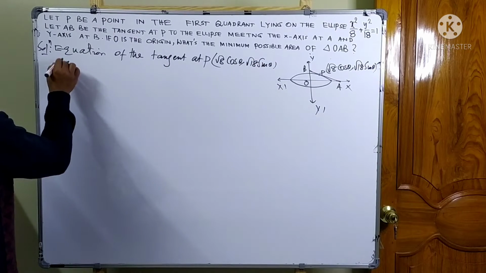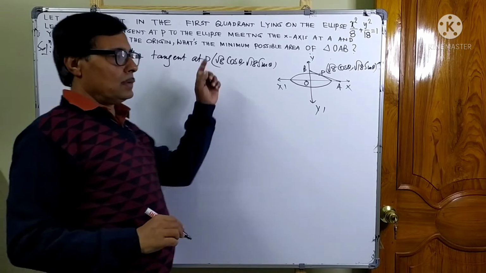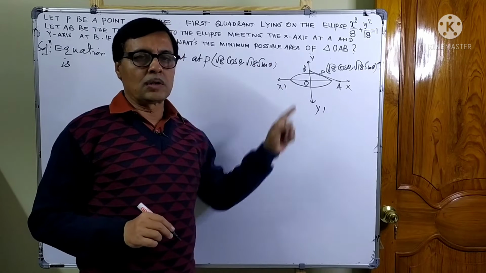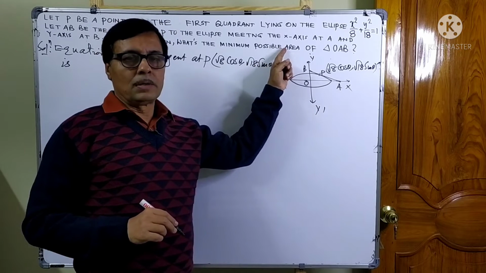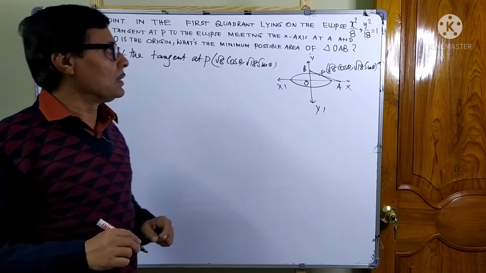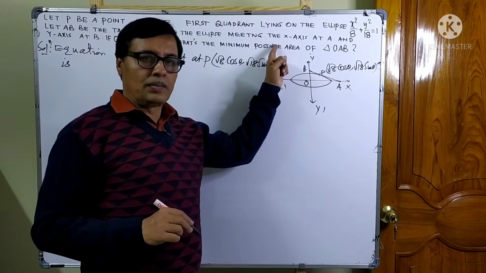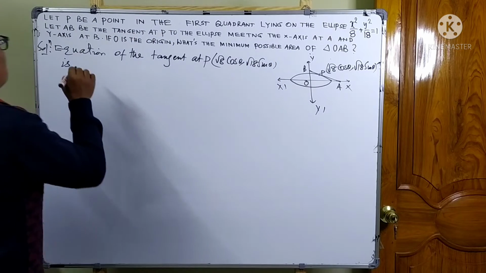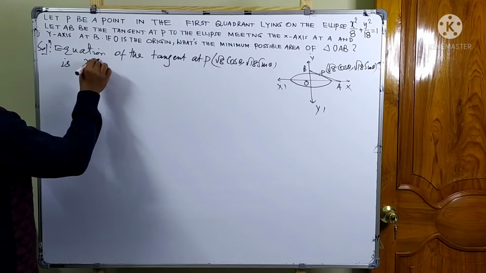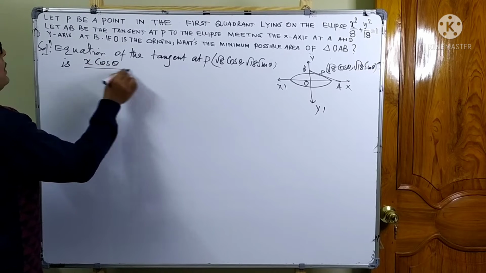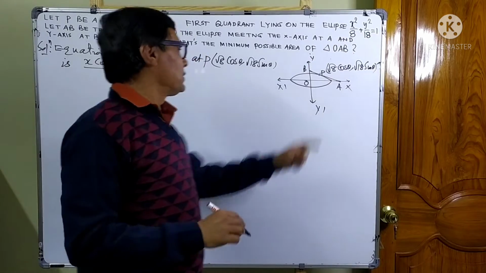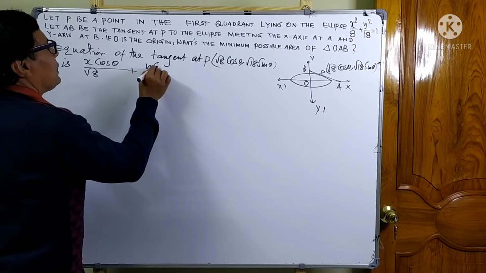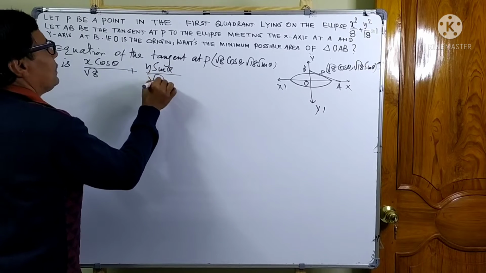We already know the formula of the tangent to the ellipse x square over a square plus y square over b square at the parametric coordinate P, a cos theta, b sin theta. The equation of the tangent is x cos theta over a, here a is root 8, plus y sin theta over b.